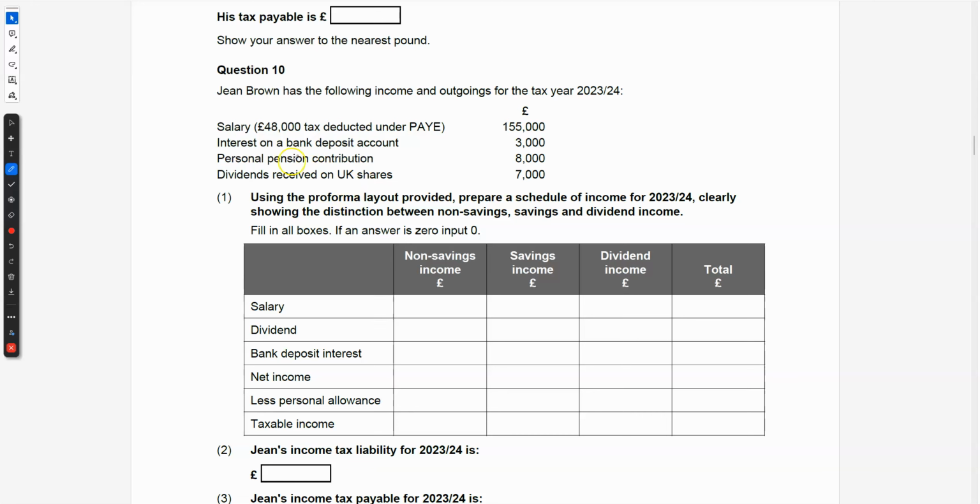So we have a salary 155, and tax deducted 48. This is the non-saving, so 155. And then we have interest on a bank deposit, 3,000, so this one is saving.